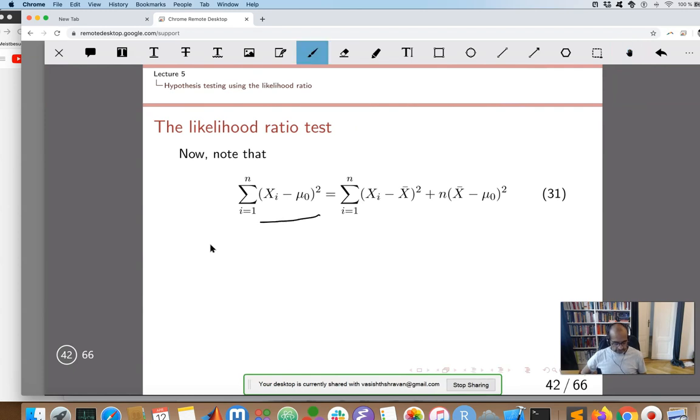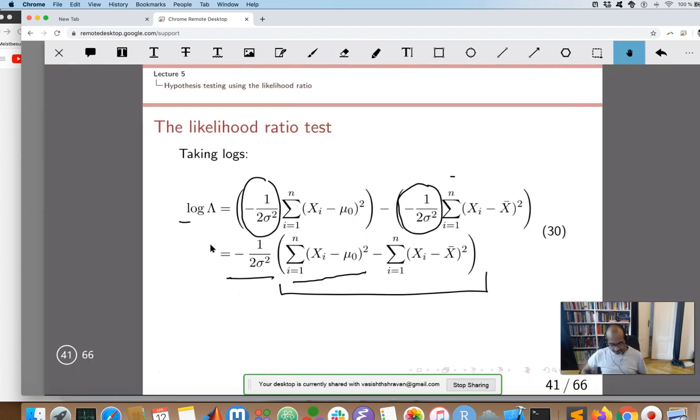If you have an expression like the sum of x sub i minus mu 0 squared, you can rewrite it in terms of the sum of two expressions as shown over here. I won't derive this, but this is just a consequence of simple algebraic manipulation. You don't need to stress over trying to do it yourself. You can take it on trust. It does work, so I can rewrite this term as this longer expression here.